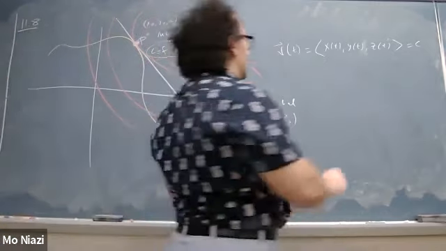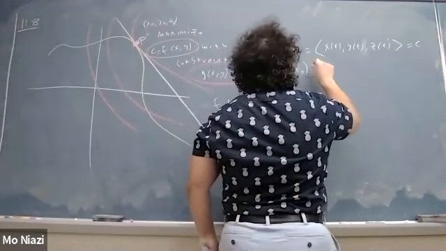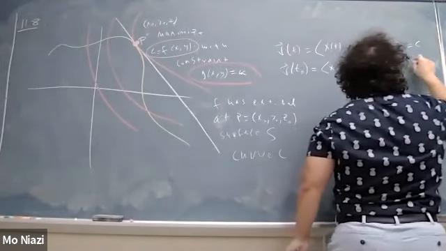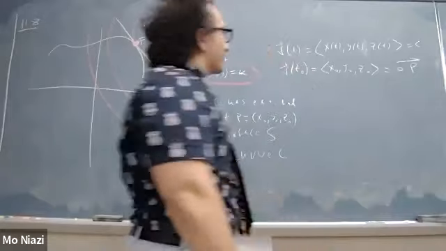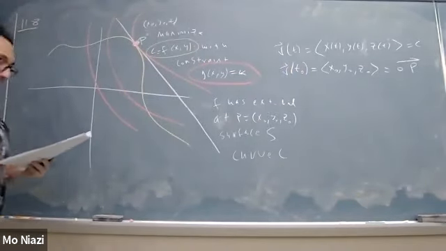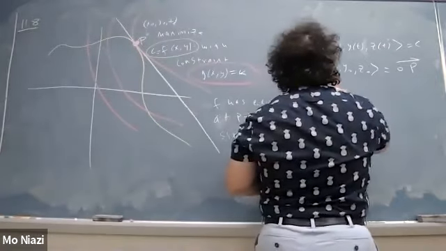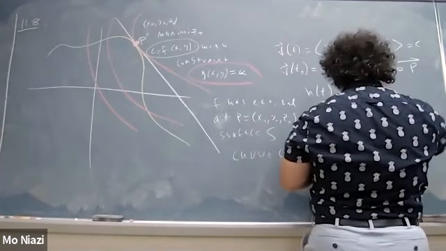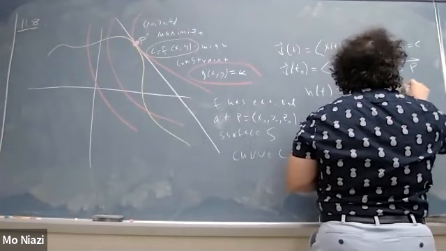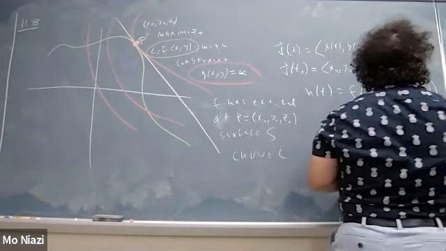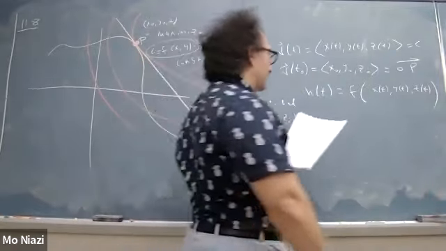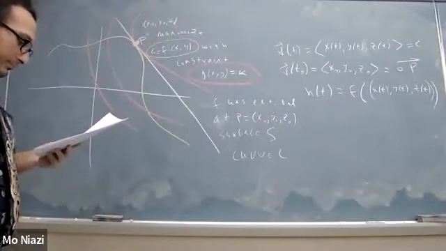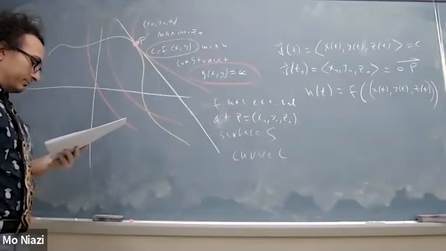And let's assume that there exists some t naught such that r of t naught equals, essentially, the displacement vector from the origin to the point P. Then the composition h of t is the composition of f with r of t.